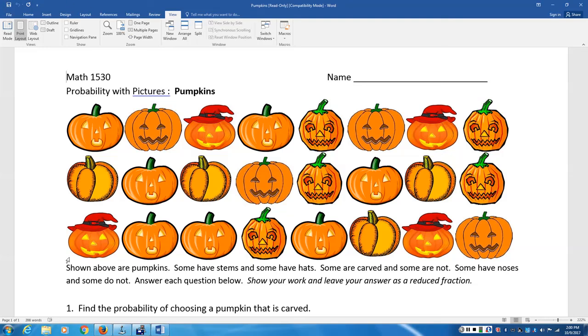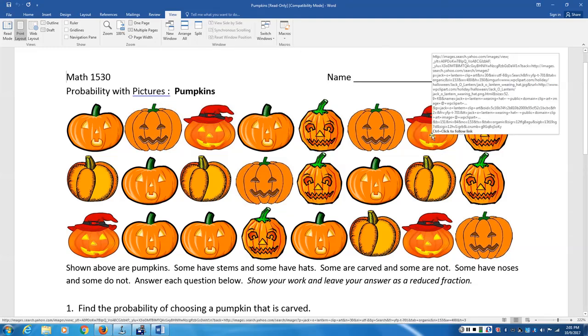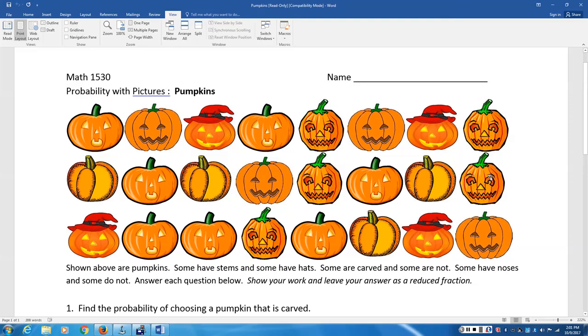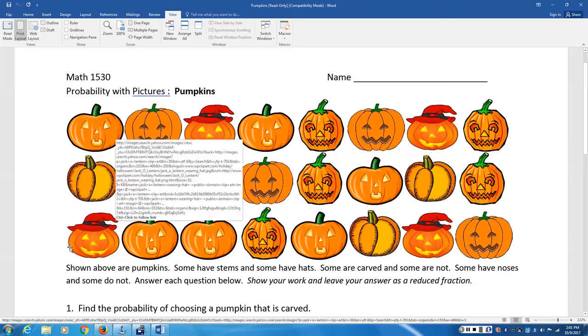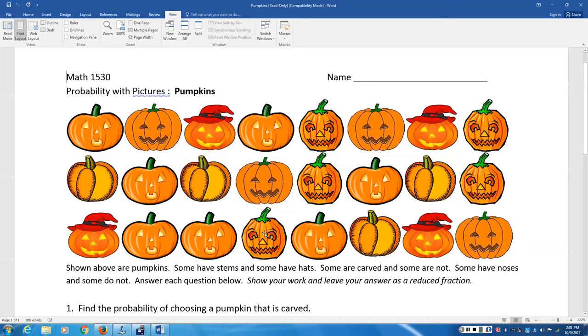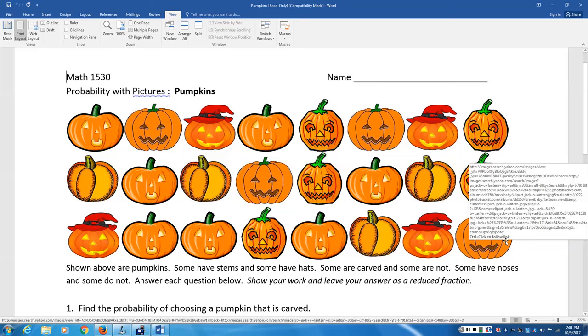When we're finding pumpkins that are carved, there's 1, 2, 3, 4, 5, 6, 7, 8, 9, 10, 11, 12, 13, 14, 15, 16, 17, 18, 19, 20 carved pumpkins.